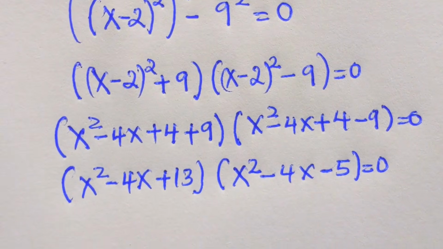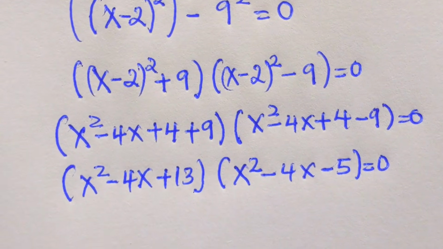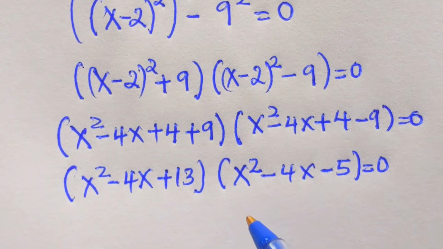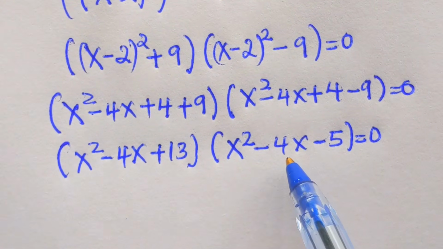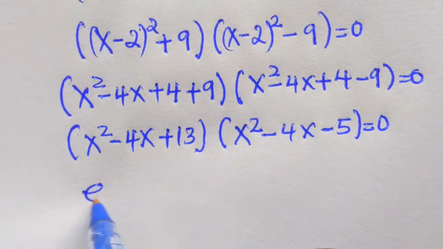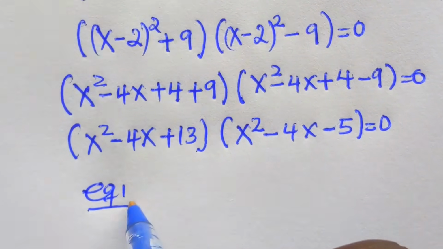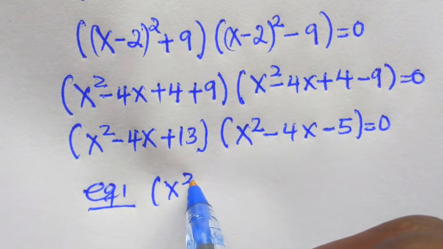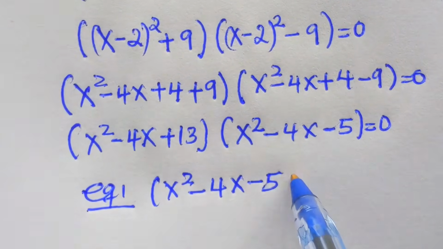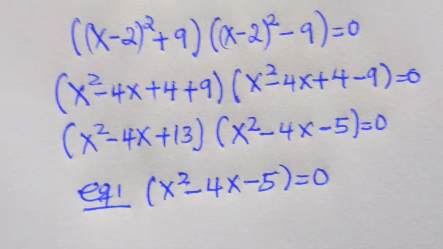Now you can start from wherever we want, and of course you have to know that these are quadratic equations. Let's start from here. Equation 1: x^2 - 4x - 5 = 0.